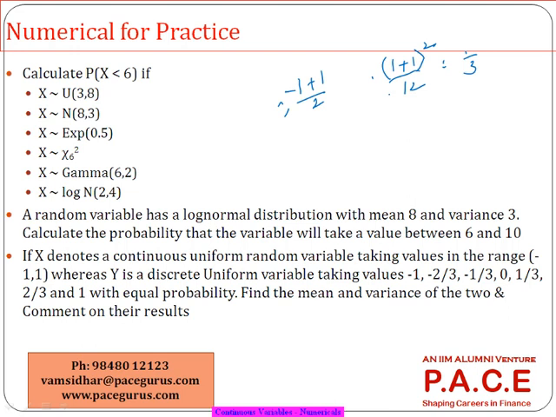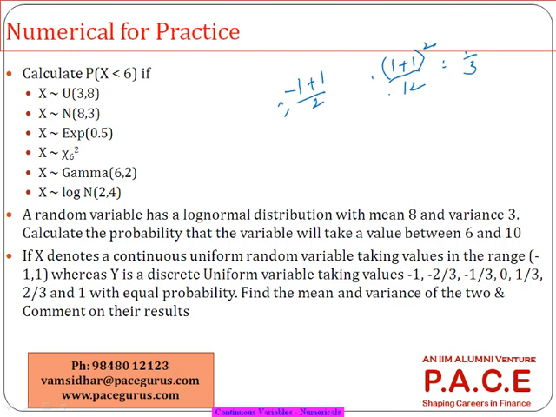Now the other thing he is saying is, whereas y is a discrete uniform variable, taking -1, -2 by 3, -1 by 3, 0, 1 by 3, 2 by 3 and 1 with equal probabilities. The mean of this is also 0, because there are 7 possible values.